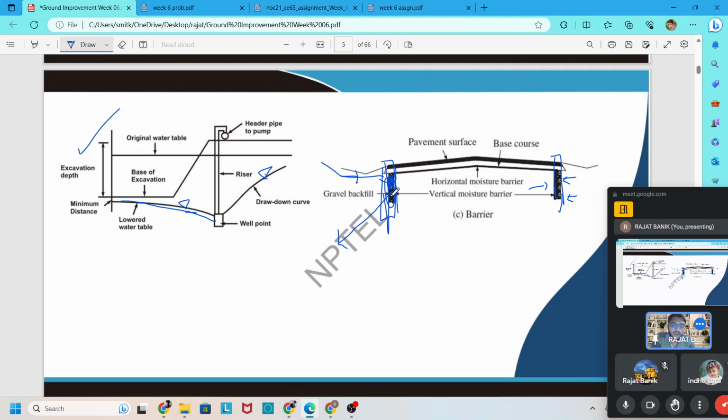No water can enter the pavement region, and due to this arrangement, the pavement surface may be safe from water during the rainy season. So these are the three techniques used in handling water at a construction site.